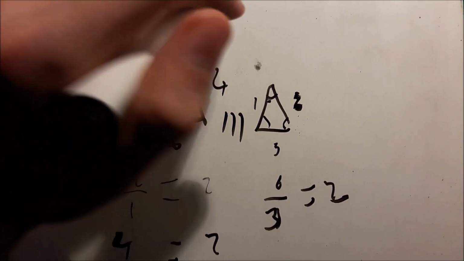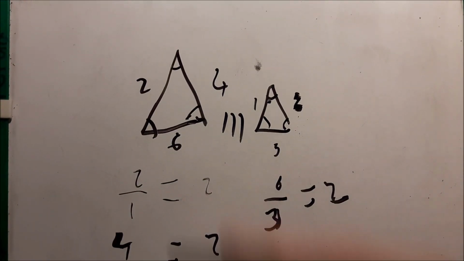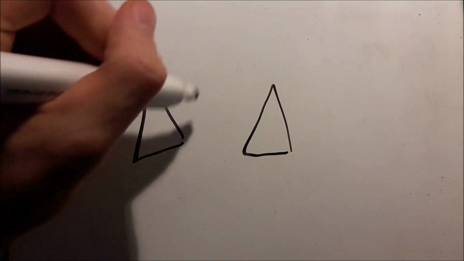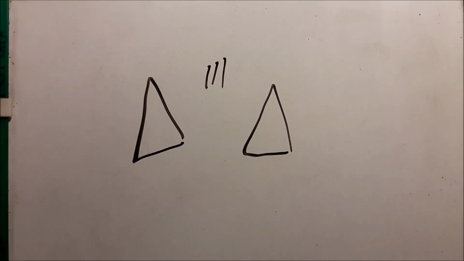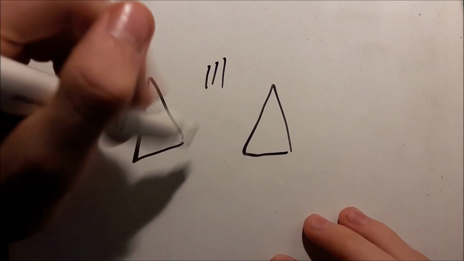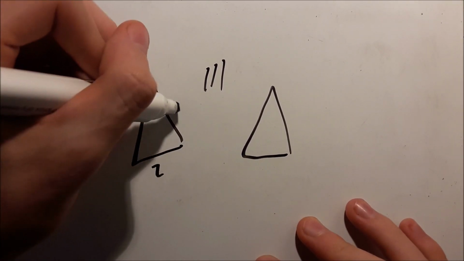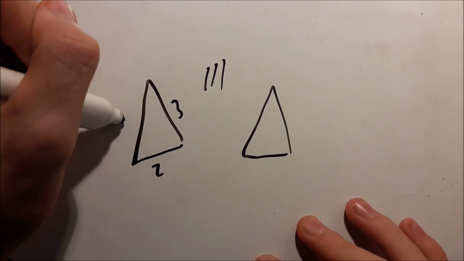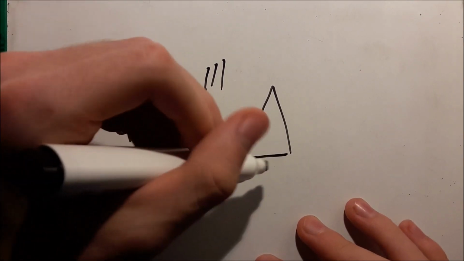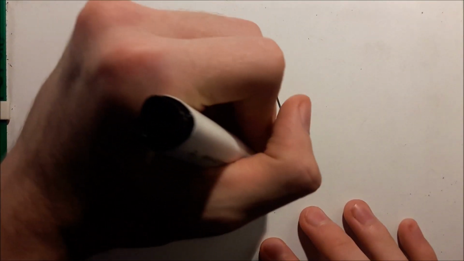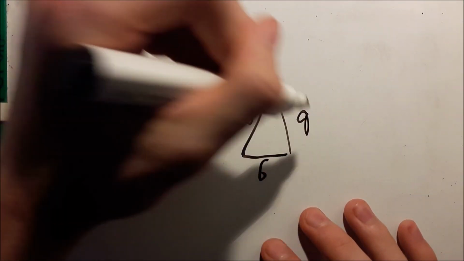Now we'll have a question. Say we have two triangles, and they tell us that they are similar, but they only give us this. That's 2, that's 3, that's 4, and then they have x, and then they have 6, and then they have 9.